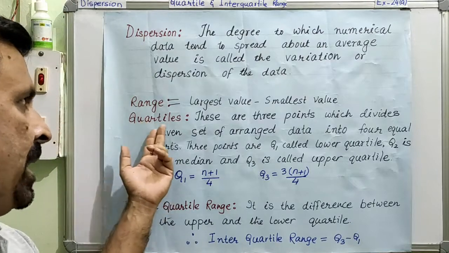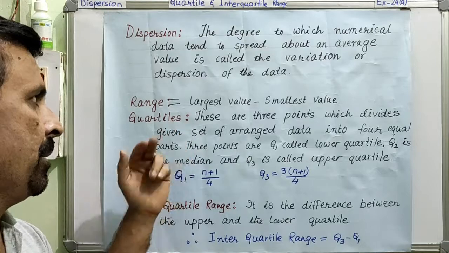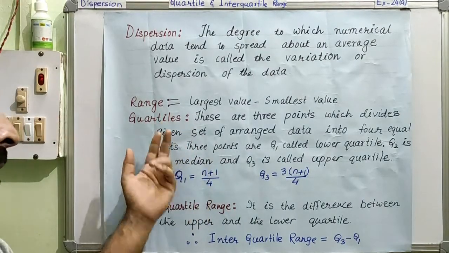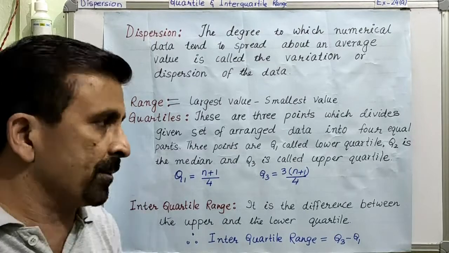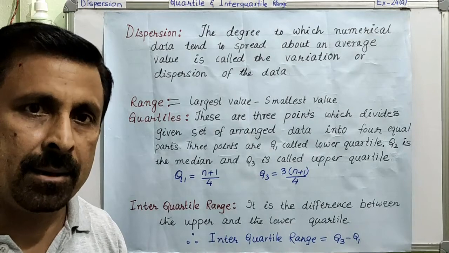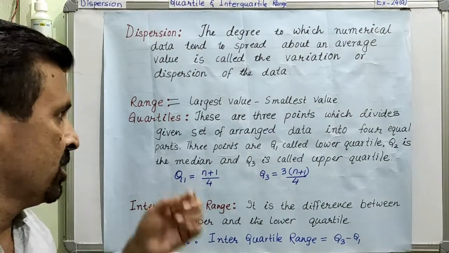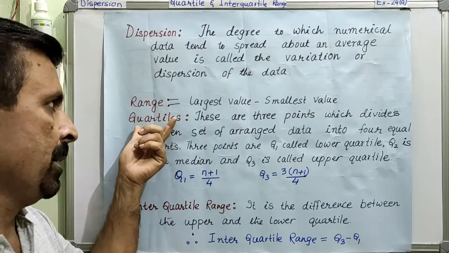Next term is quartile. This is very, very important. What is a quartile? Quartile means median; this is a special median. How do we get this median?